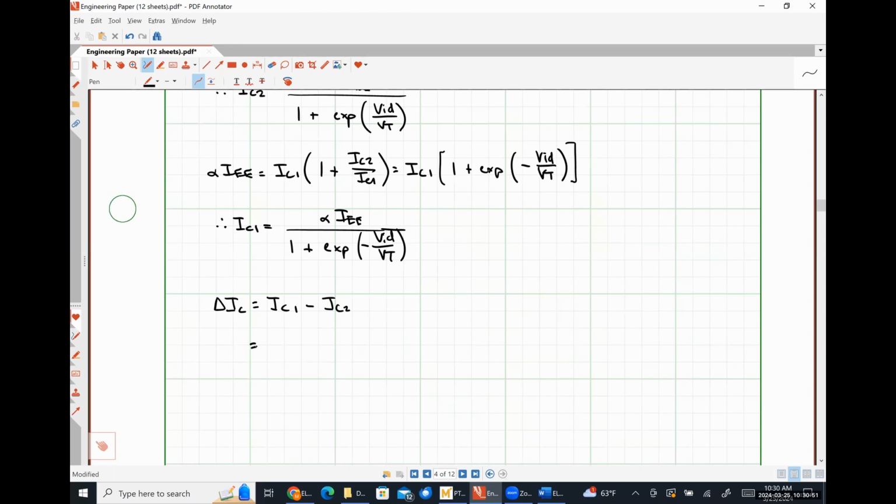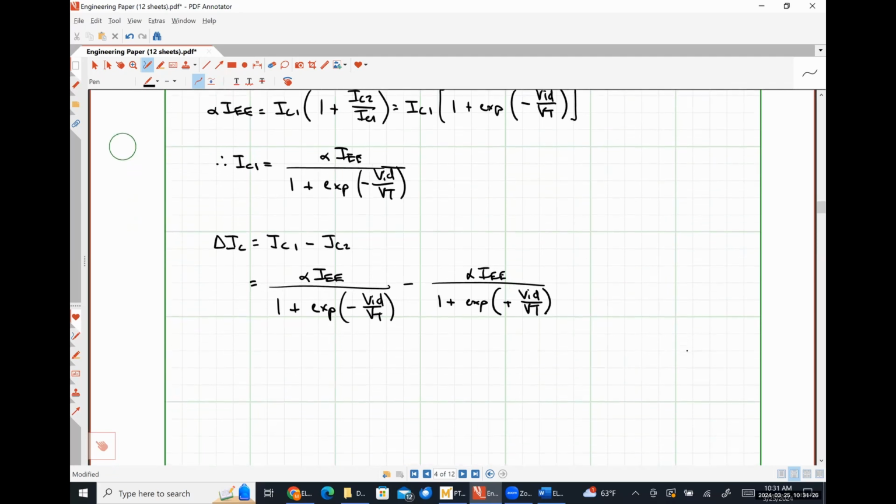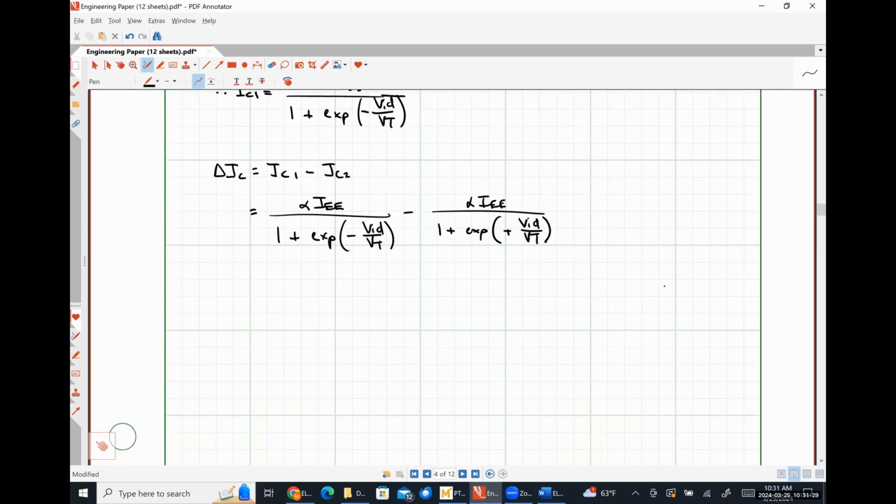That's going to be alpha IEE divided by 1 plus the exponential of negative VID over VT minus alpha IEE divided by 1 plus EXP of positive VID over VT. Okay, nothing bad there.